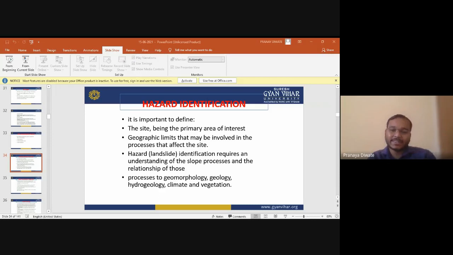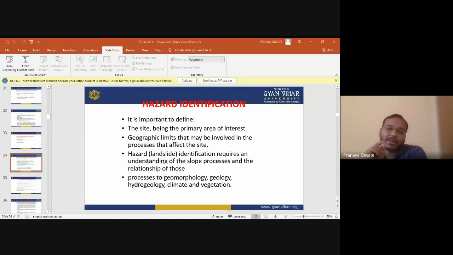Now, what are these three different types of probability? What you need to do for the landslide is give an idea about the chances of the landslide there. That is the first thing. So, what is the spatial probability?